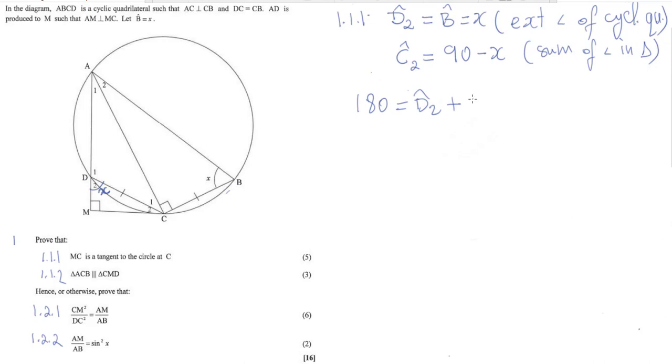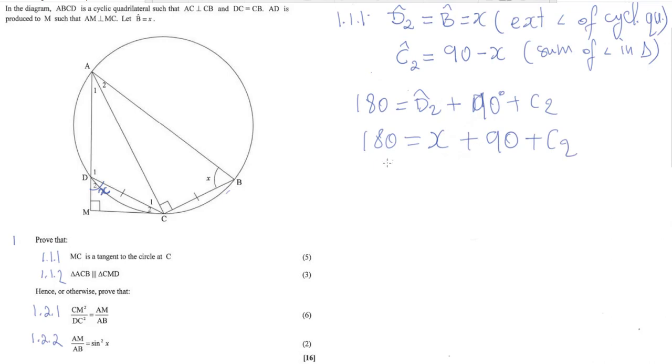So 180 will give you D2 plus M, which is 90 degrees, plus C2. Remember, D2 is X, okay? We have X plus 90 degrees plus C2.